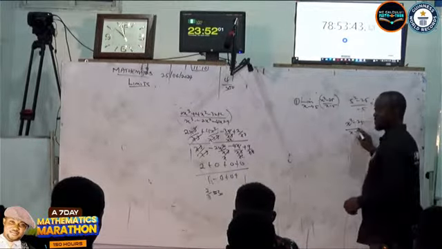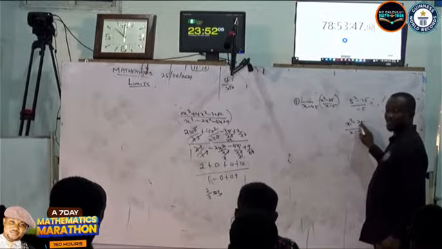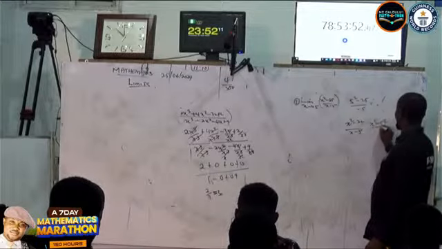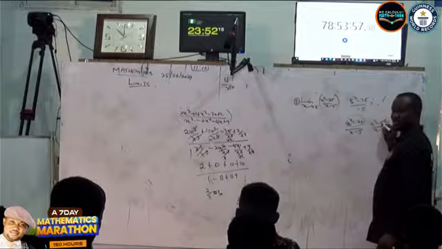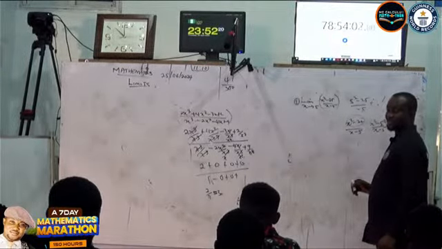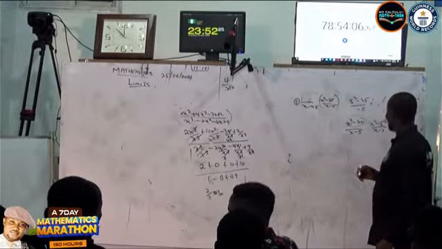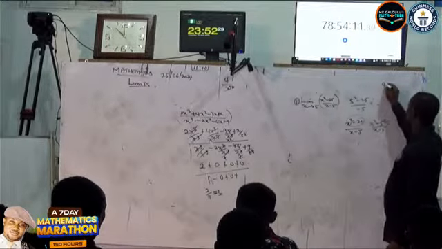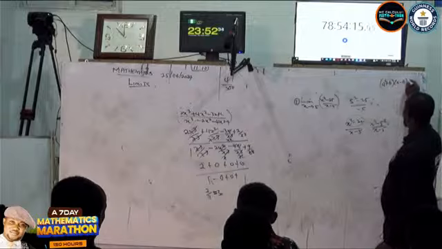See, look up. What is 5 squared? 5 squared is 25. So we can present this as x squared minus 5 squared over x minus 5. So if you have a plus b and a minus b, what is a times a?